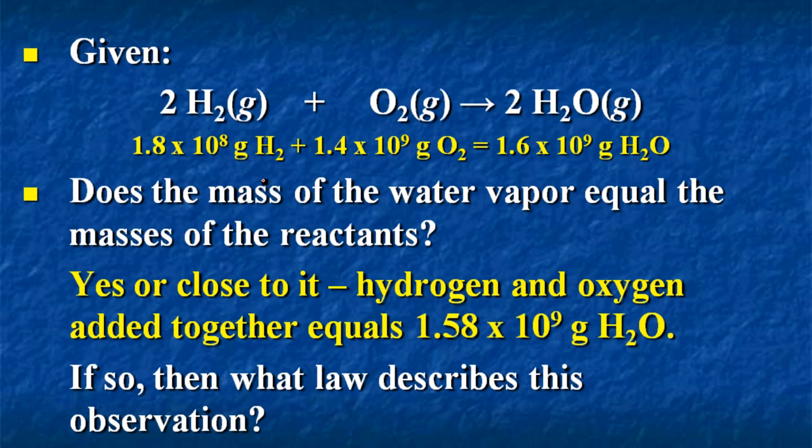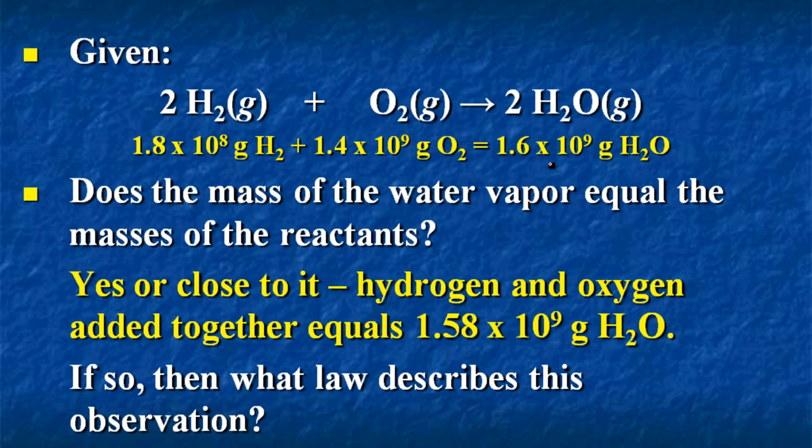So these were the masses: 1.8 x 10^8 for hydrogen, and oxygen we calculated as 1.4 x 10^9. If you add these two numbers, you will get 1.58, which is very close to 1.6 x 10^9, right? Notice that you shouldn't get carried away with the 1.6 and 1.4 and 1.8. Look at the exponents.